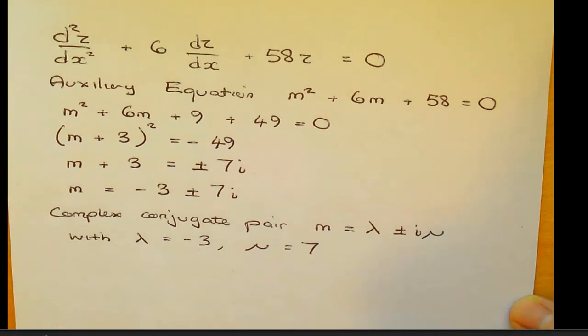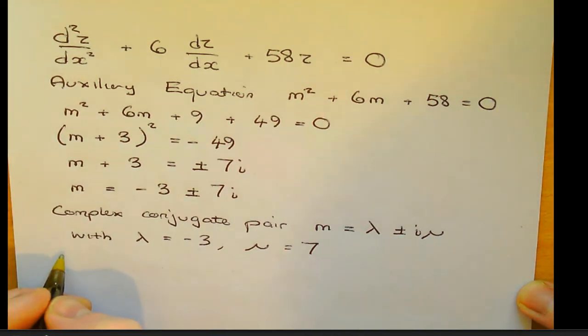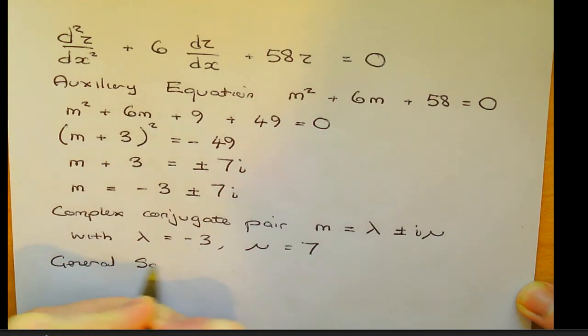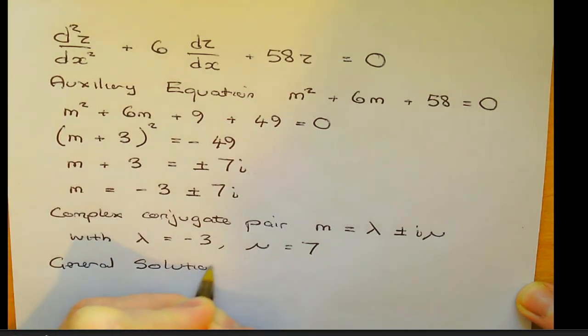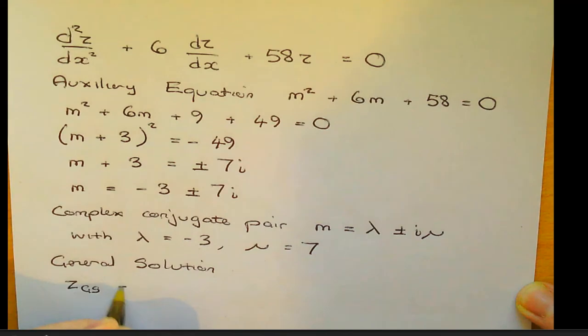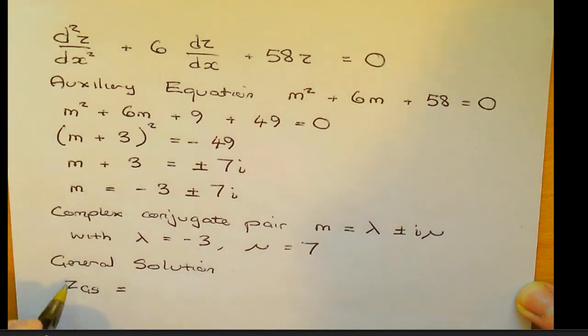So now we can write the general solution. Z, gs for general solution. Remember, it's z as a function of x.